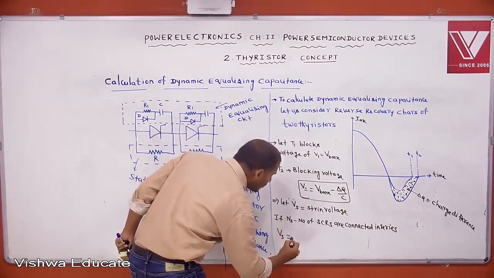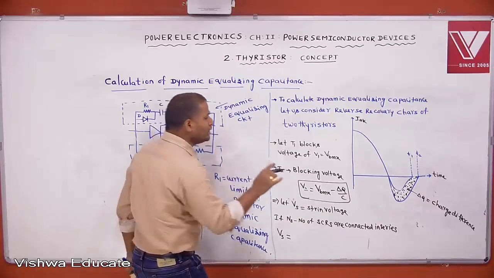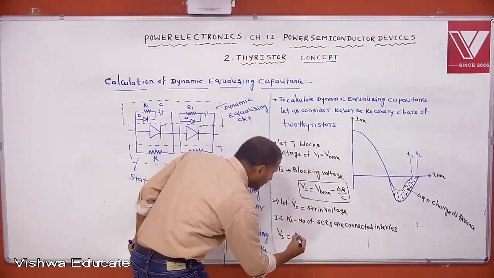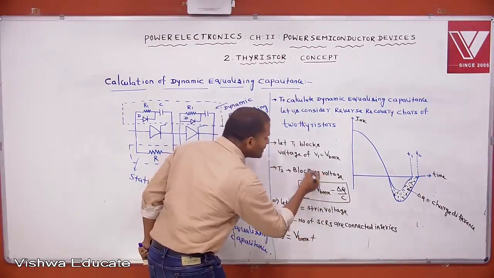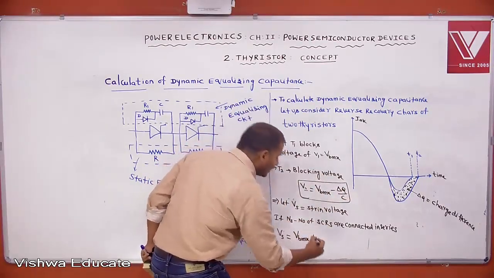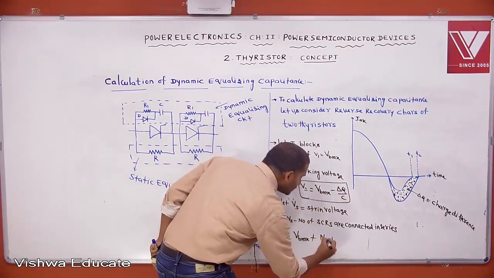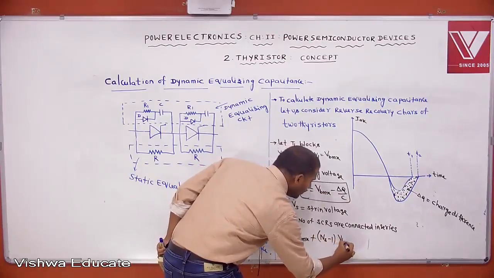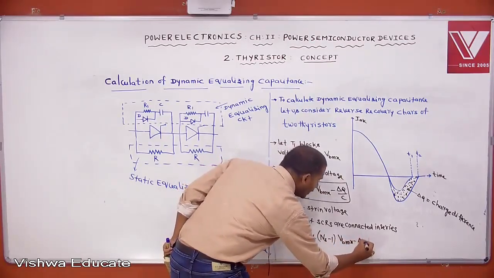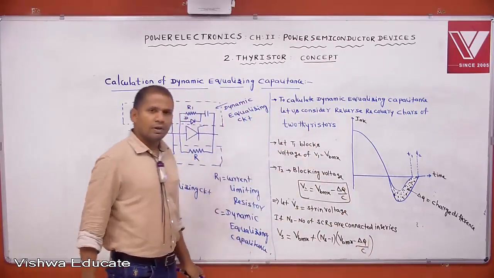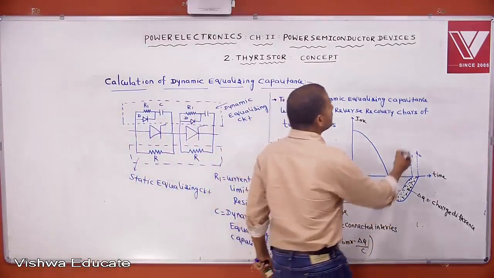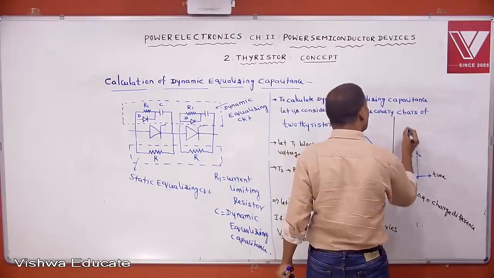The total string voltage equals, assuming one SCR blocks the voltage VBMX, and the remaining Ns minus 1 SCRs belong to this category, Ns minus 1 into VBMX minus delta Q by C. Simplify this, what do you get?